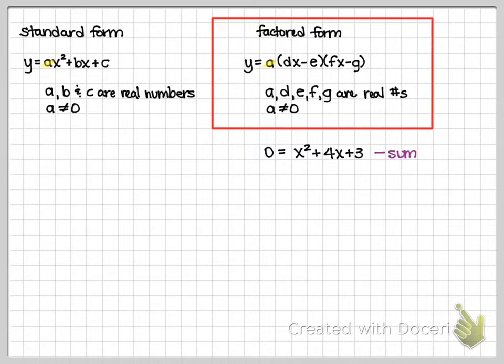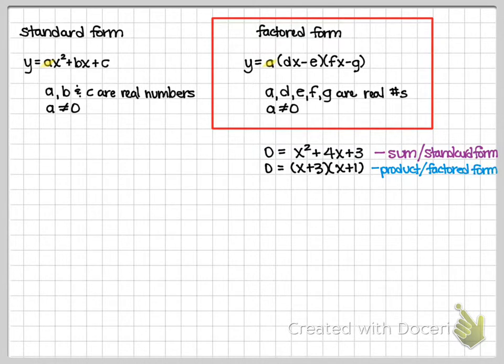You'll notice, though, that it looks a lot like standard form, except for the y. And then we rewrote it, so it was x plus 3 and x plus 1. So we wrote it as a product using what we did previously in the last chapter, which if you look, really looks like factored form. So we know how to go from one form to the next.